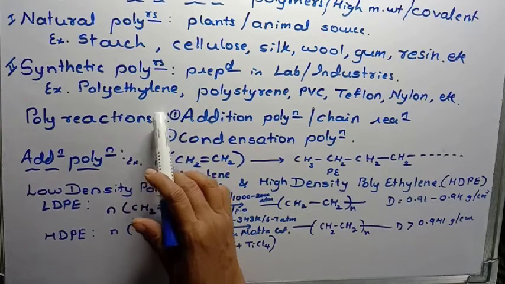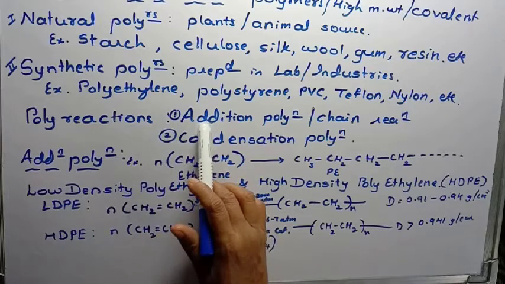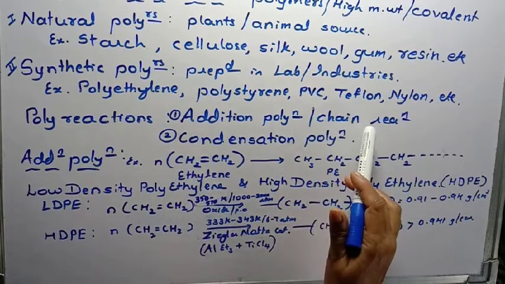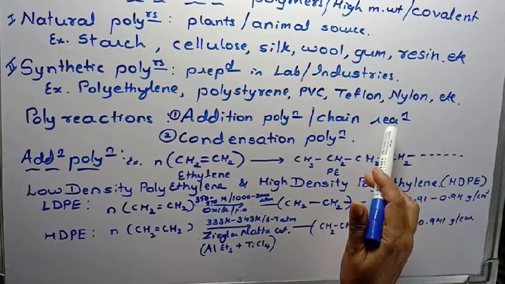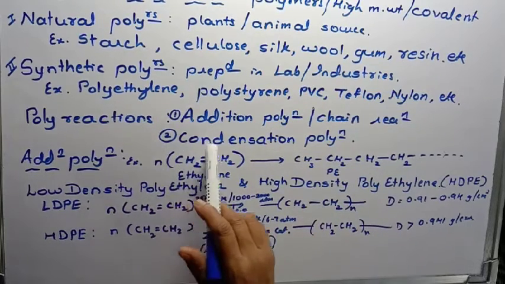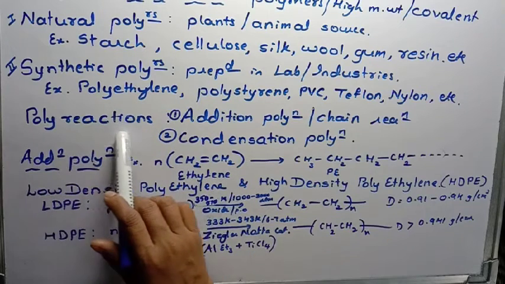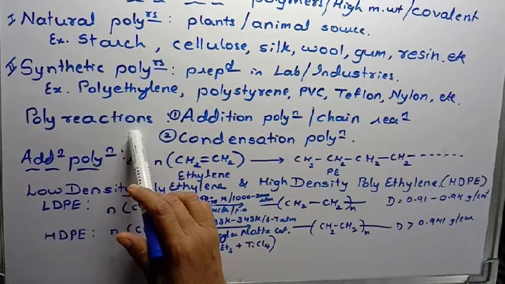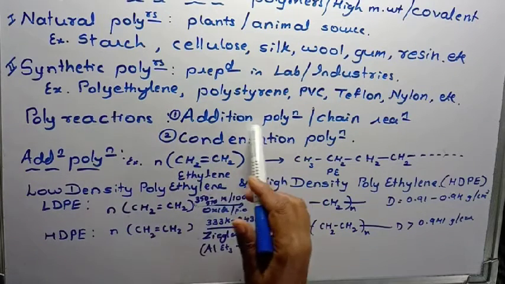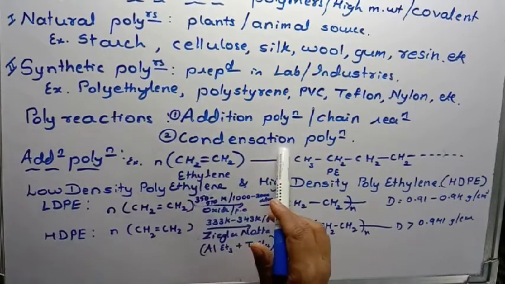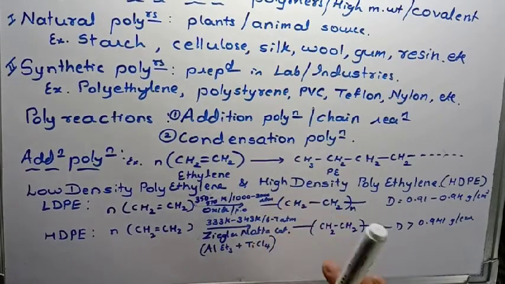Under this there are two types: addition polymerization reaction, or chain polymerization reaction, and condensation polymerization reaction. That means a polymerization reaction may follow either addition polymerization or condensation polymerization.